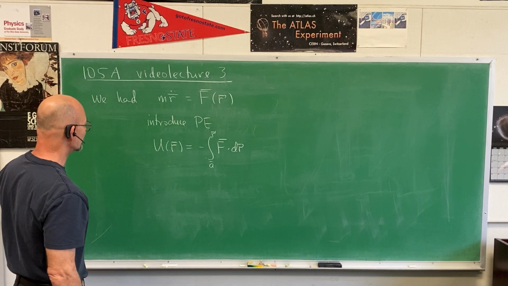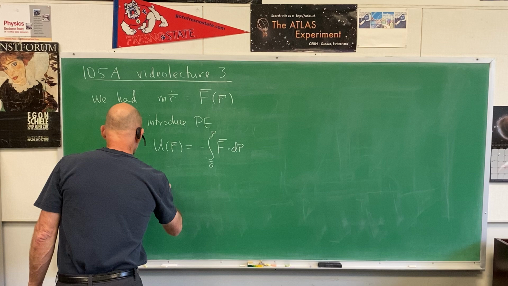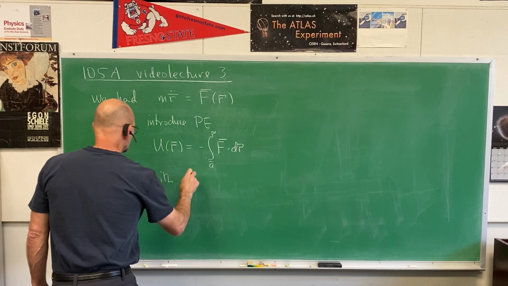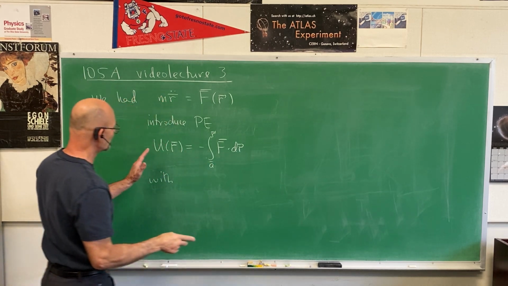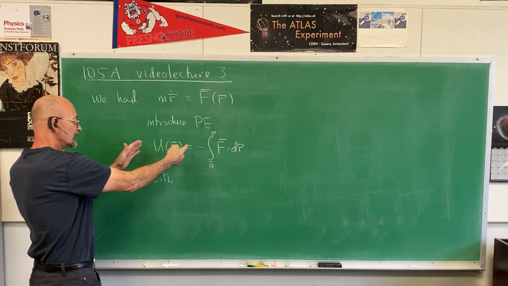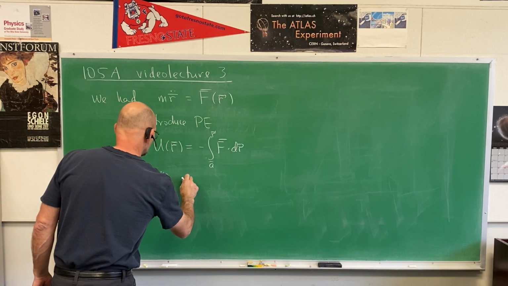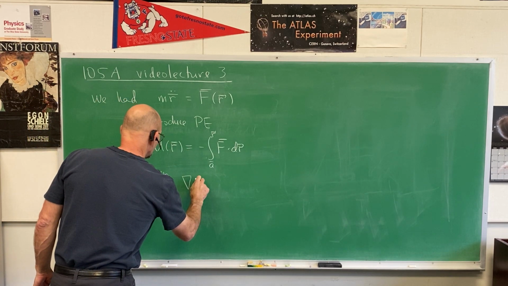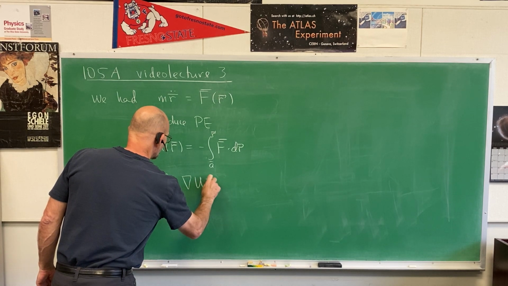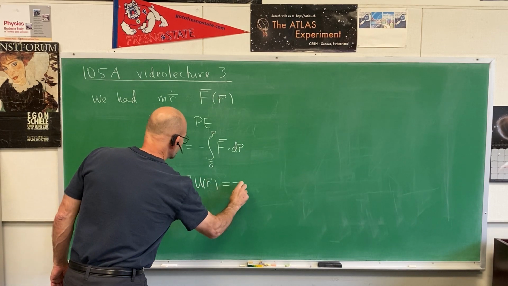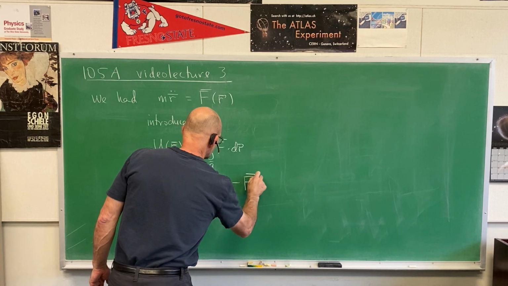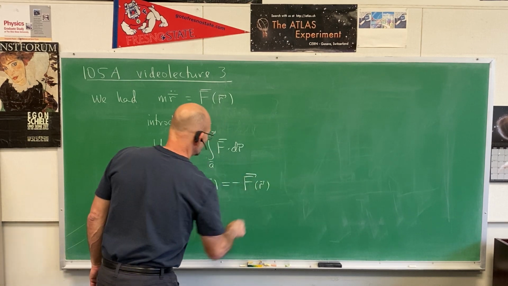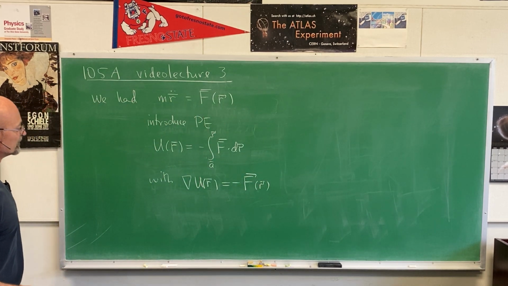So where are we headed with this? Well, we have to prove that this potential energy really is a potential energy, and its gradient will give us minus F of r. So the gradient of the potential energy will give us the force.